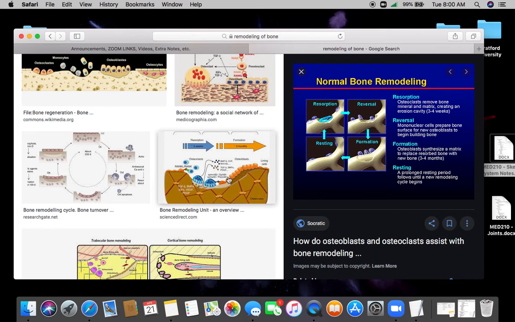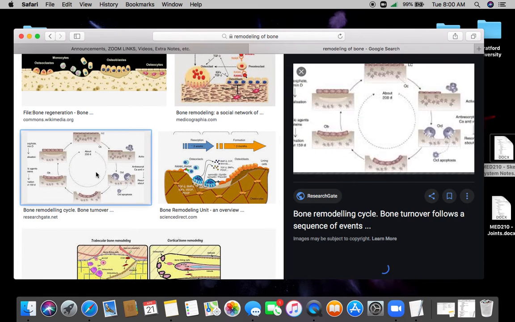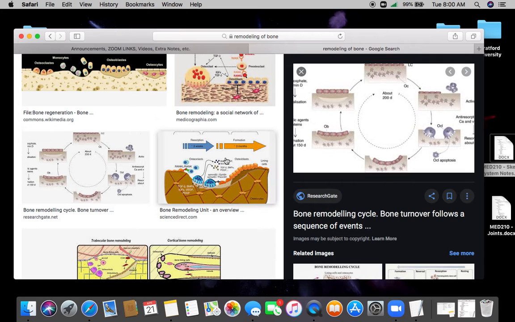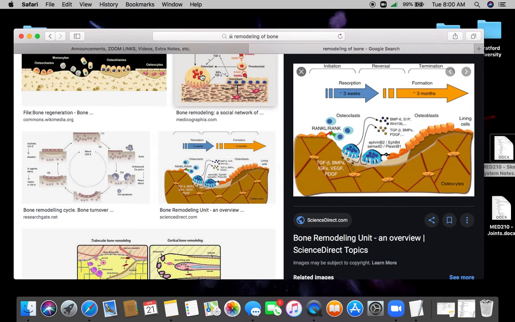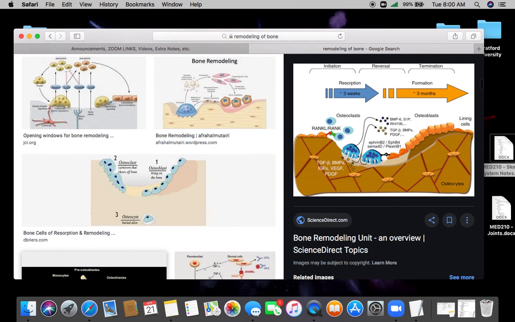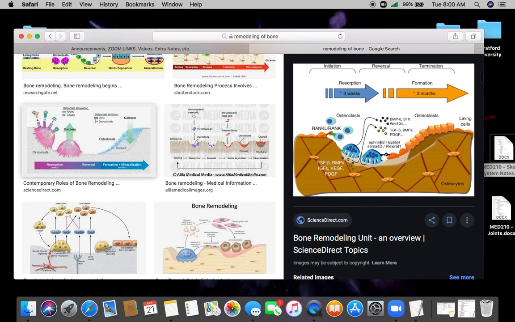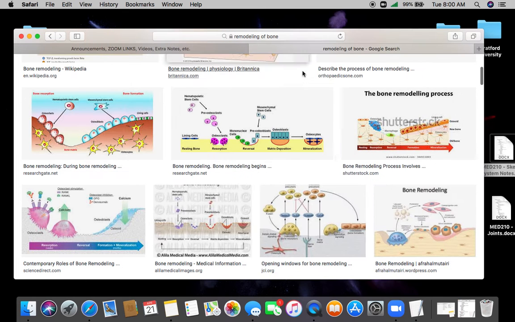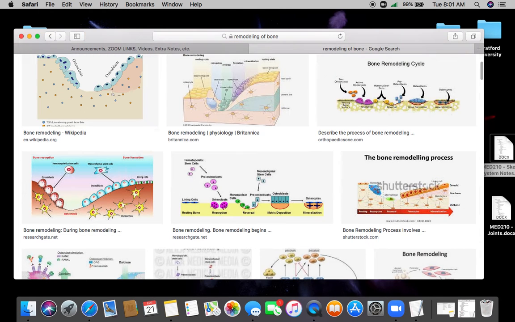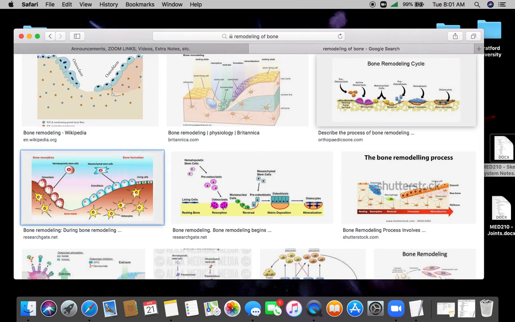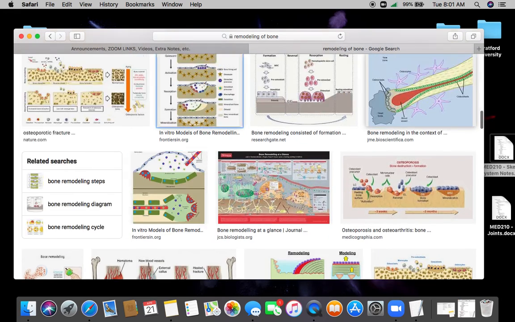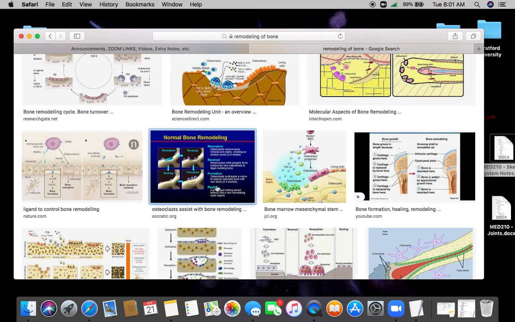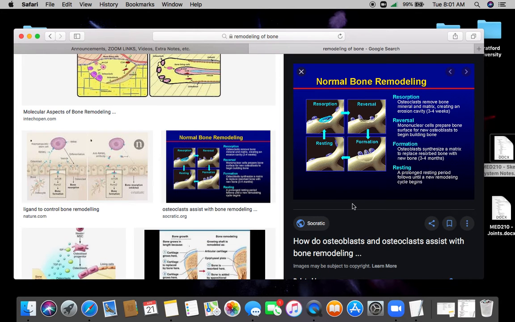Here's a better one. I'm trying to find a good one. I like the one that I draw in my class, but this is a little bit on the complex side. You don't need to know every little thing, but essentially this is how remodeling works. Let's go back to this one. Should have stuck to this one.